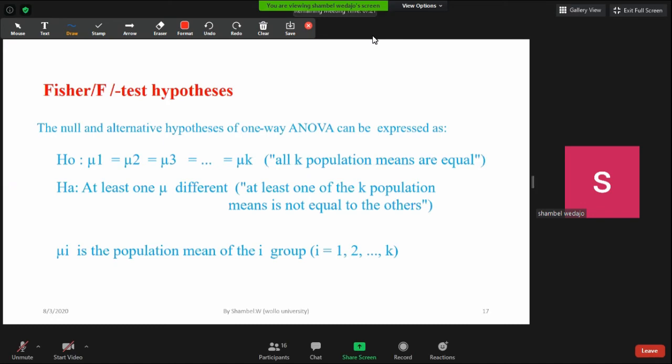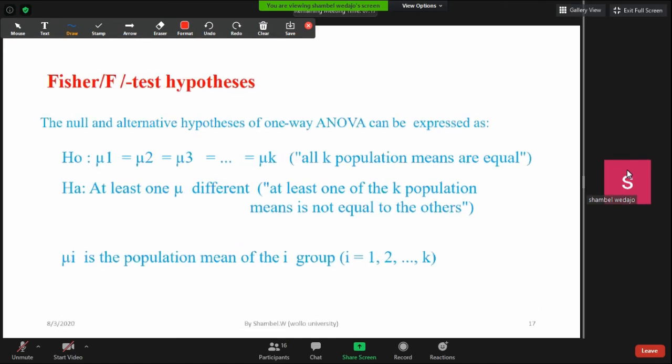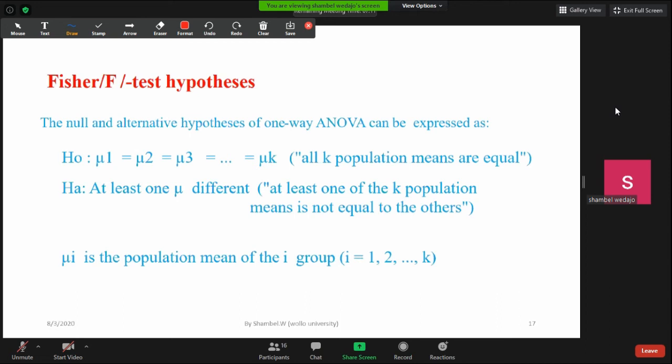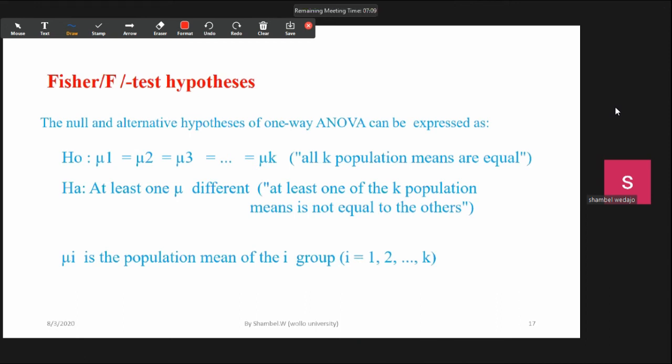The alternative hypothesis: at least one population mean is not equal to the others, at least one mean is statistically different. So if we accept H0, it means there is no effect, no grouping effect.